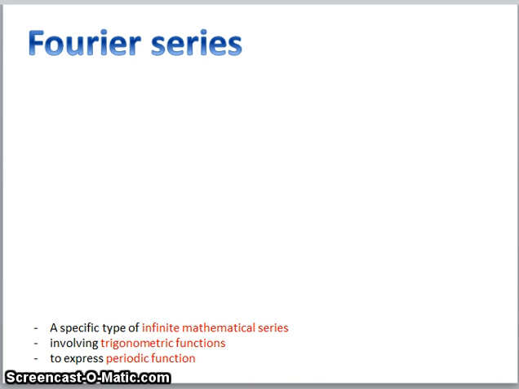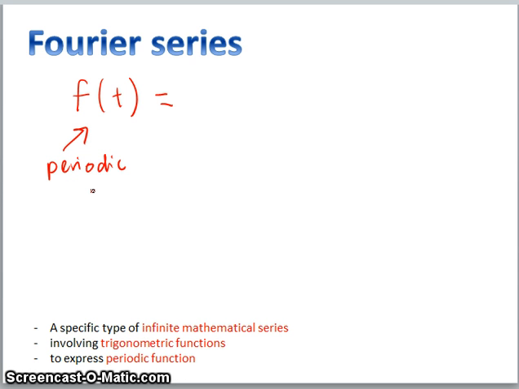Okay, let's say now I have a function defined as f(t), and this f(t) is a periodic function. So when the f(t) is periodic, I can represent this function using Fourier series.